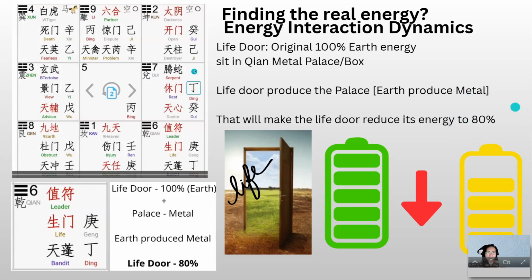This is an average guide only, a gauge, that the Life Door will become 80% after producing out to the metal palace. All right, let's look at another example.